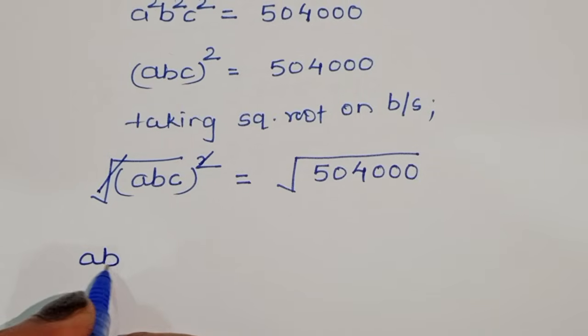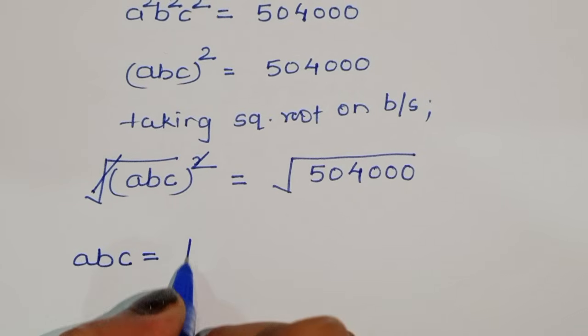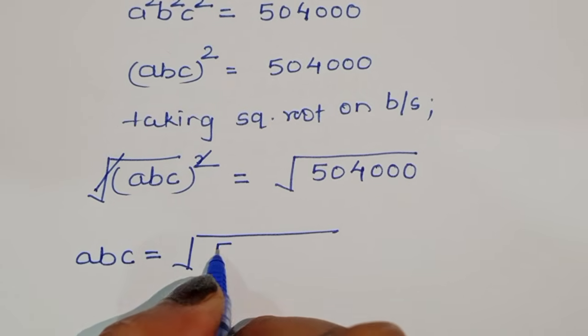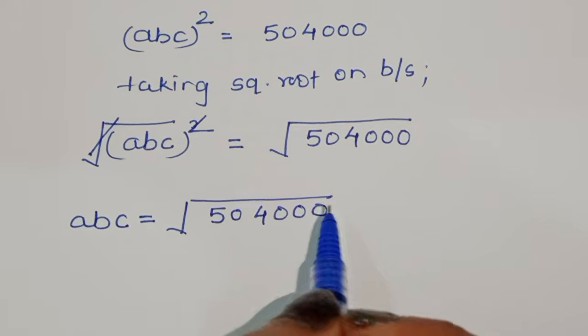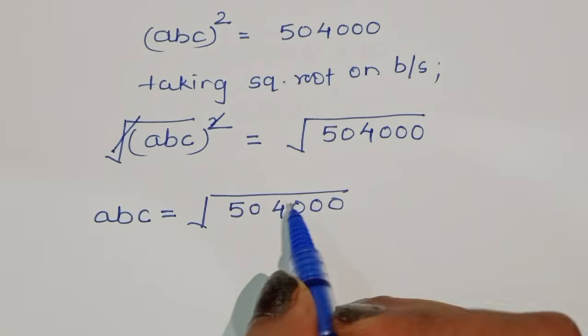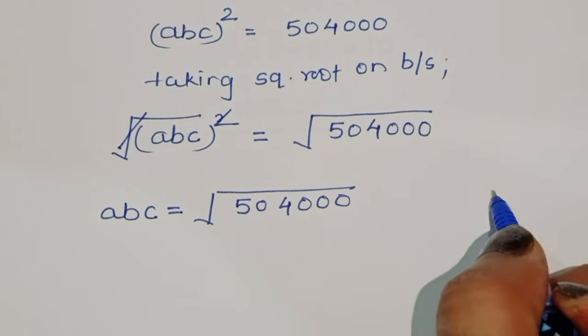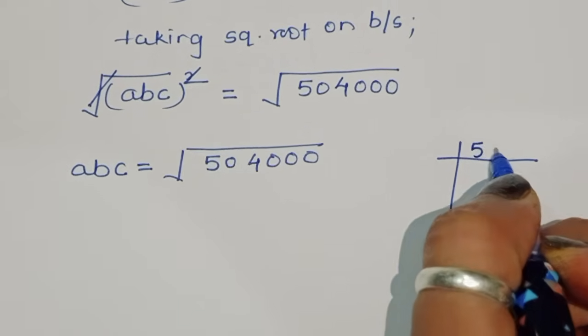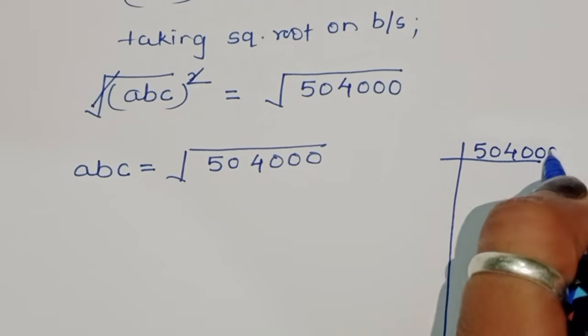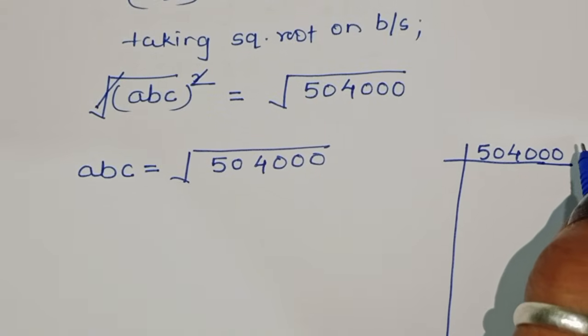So ABC is equal to the square root of 504,000. Now we have to find the factors of this number.